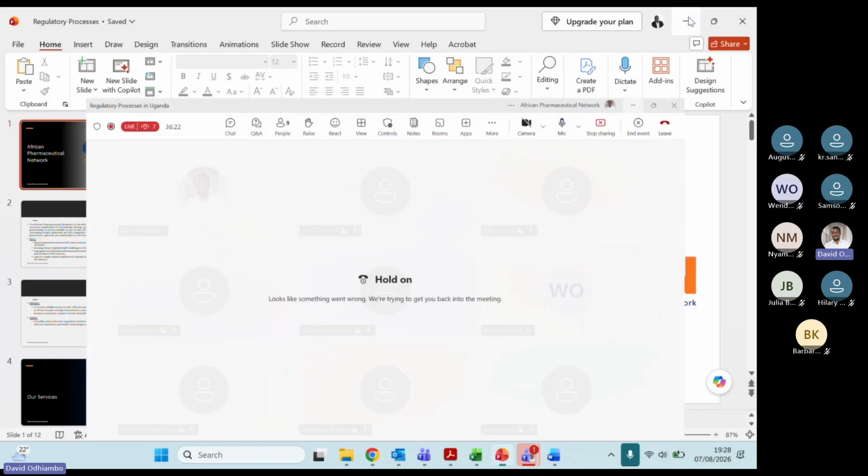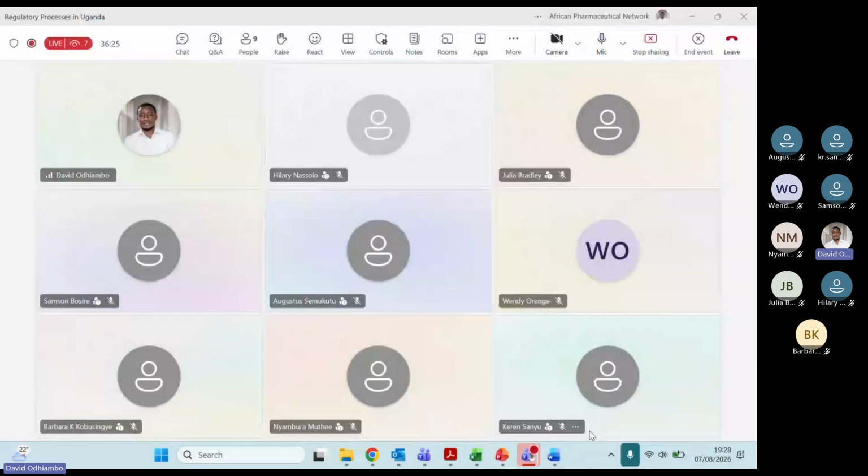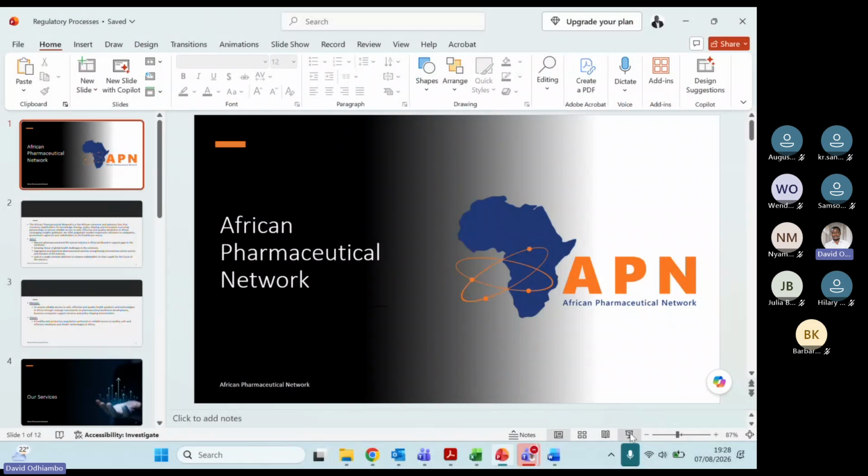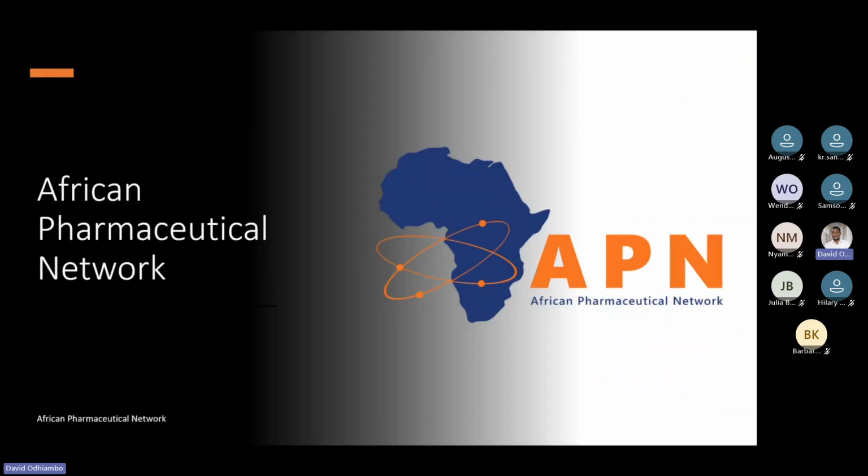Can you see my screen? Somebody unmute and let me know. Okay, I'm projecting my PowerPoints. I don't know what's happening. The network keeps dropping, but I hope you can hear me and see the screen.